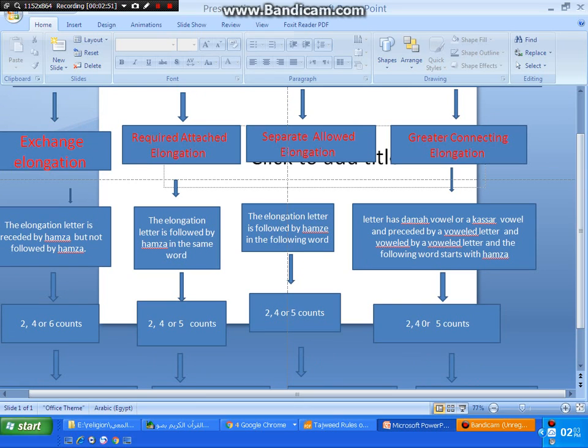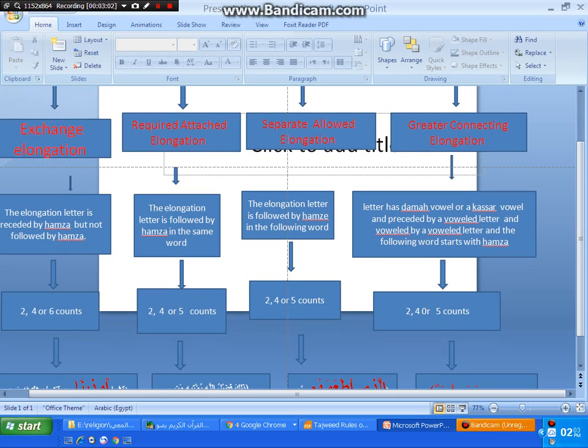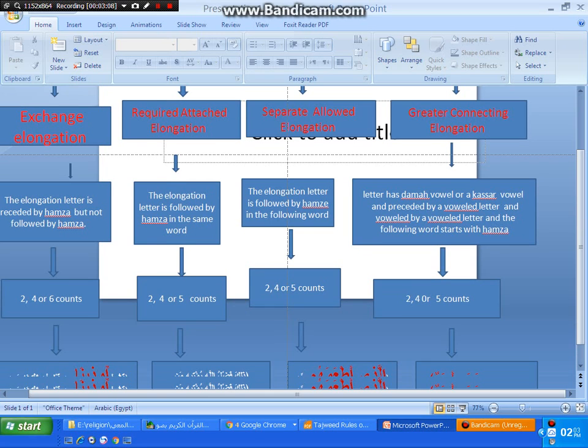Then we have separate allowed elongation. Separate because Hamzah is in the next word. Allowed because it is optional. We can prolong the letter for 2 or 4 or 5 harakas or counts. So this happens when the elongation letter is followed by Hamzah in the following word, not in the same word.